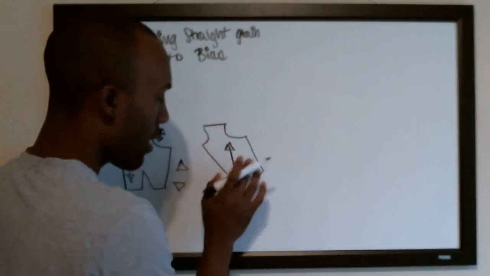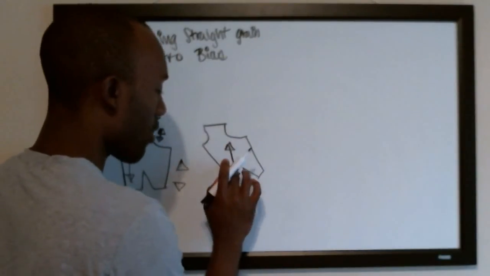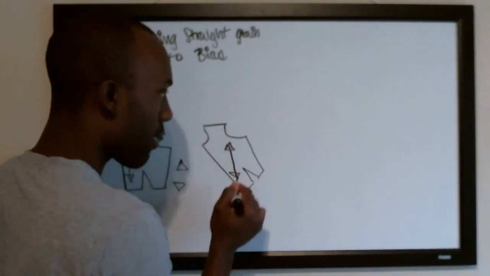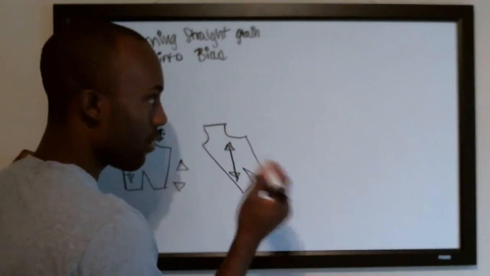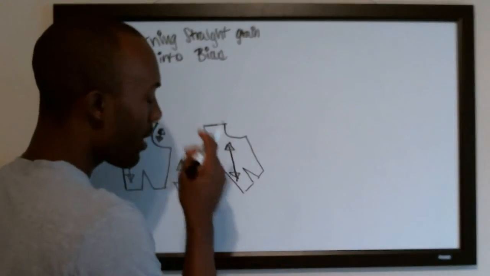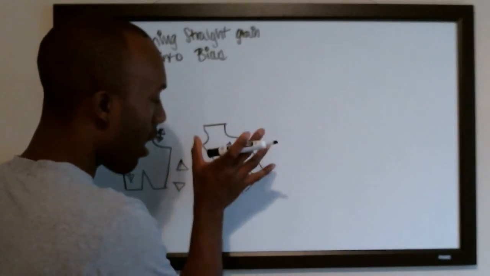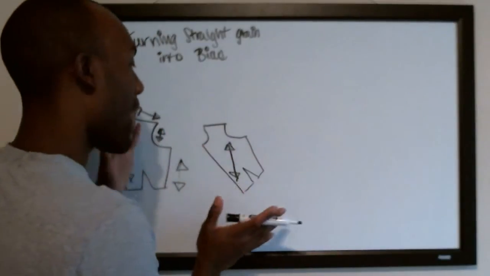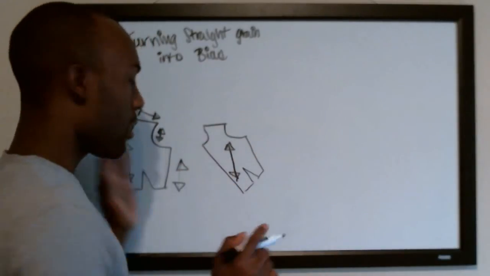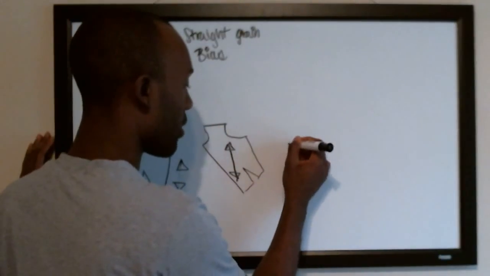You're going to place this on the straight grain, but because of how the straight grain is drawn on the pattern, it's hard to explain, but the straight grain being drawn diagonally across the pattern puts the pattern on a bias. You're still basically using the straight grain.